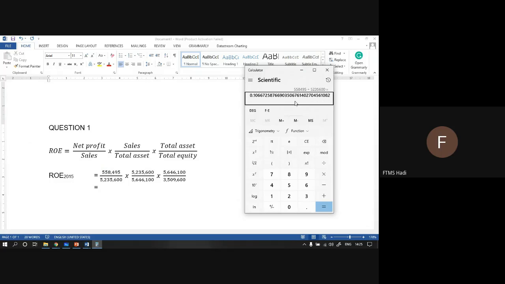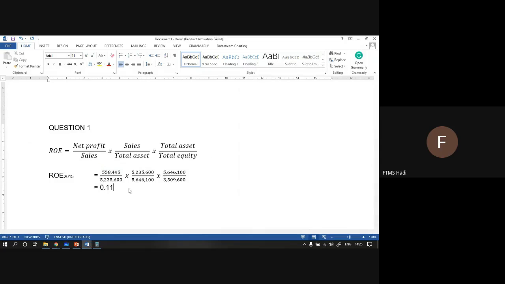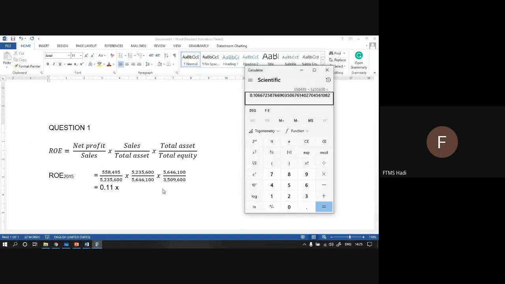Okay, just take 1 or 2 decimal points, that's enough. That means this one is 0.11. Then 523,600 divided by, this is the second part, divided by 5,646,100. You can get here this one, 0.93.